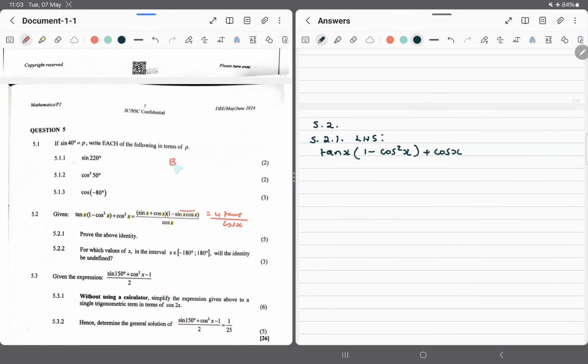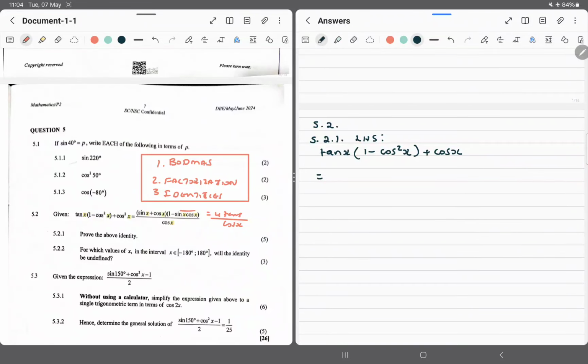Obviously, we are still using our 3-step approach: BODMAS, factorization, identities. So this is a very good exercise because it gives you direction.